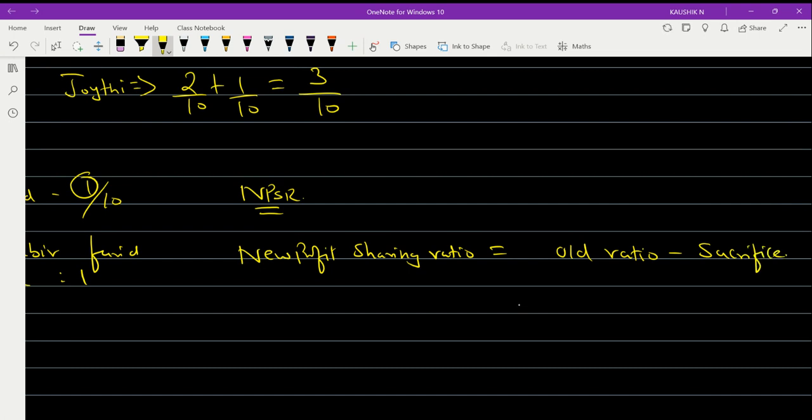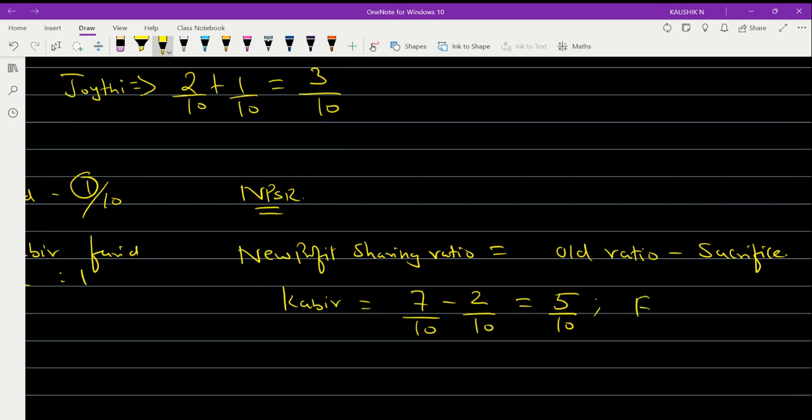So for Kabir, the old ratio was 7 by 10 and the sacrifice he has done was 2 by 10. So the balance will be 5 by 10.